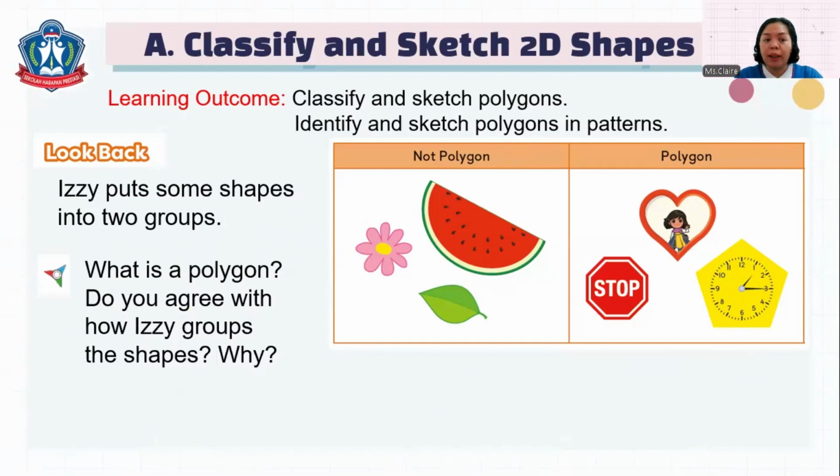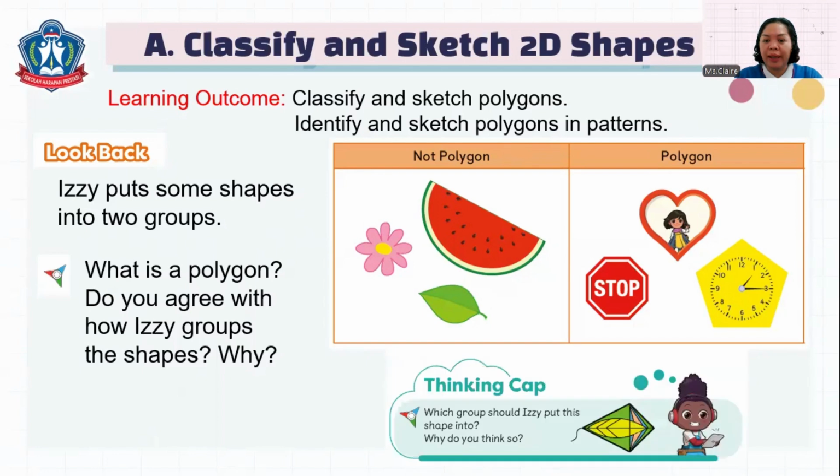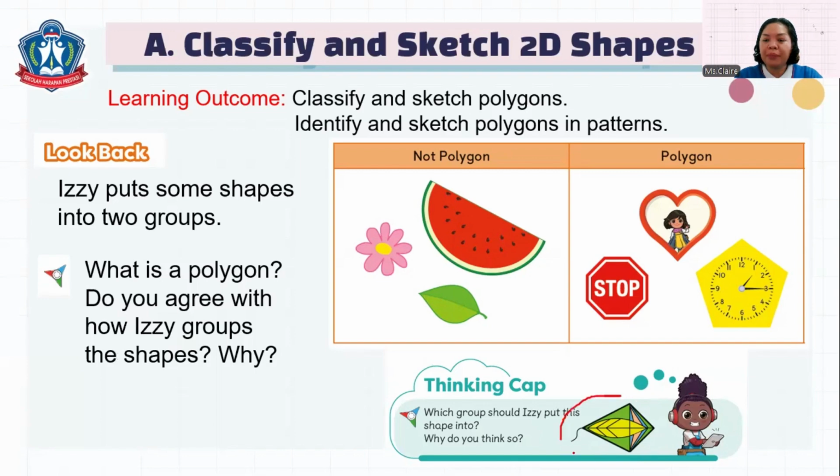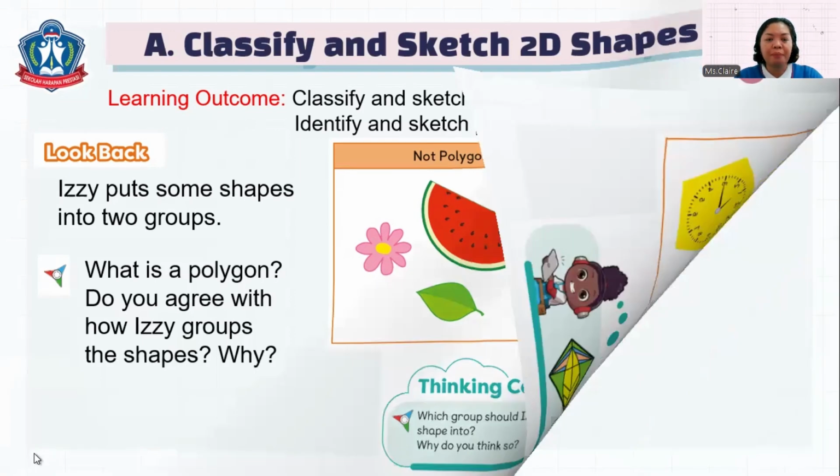Do you know what polygons are? Or do you agree with how Easy groups the shapes? Why? Which group should Easy put this shape into? Take a look at the shape here. Do you know what shape this is? If Easy puts this one, is it a not polygon or a polygon? Okay, let's continue, P3.